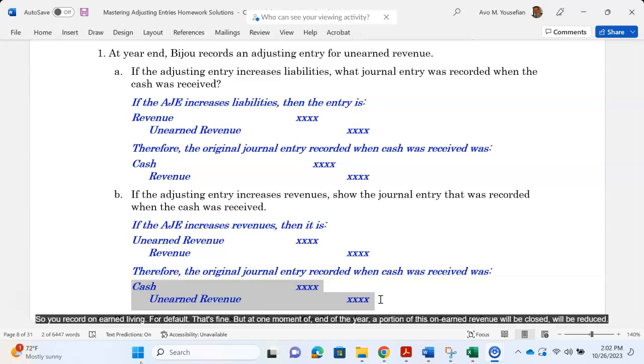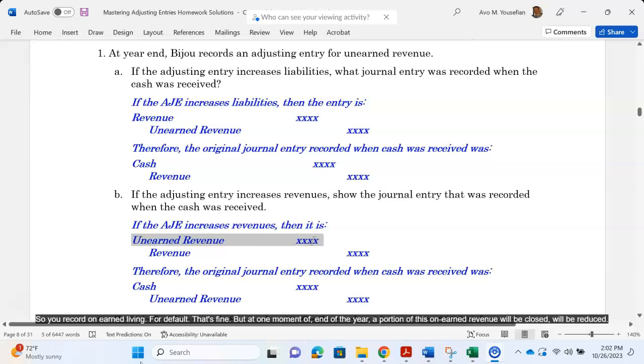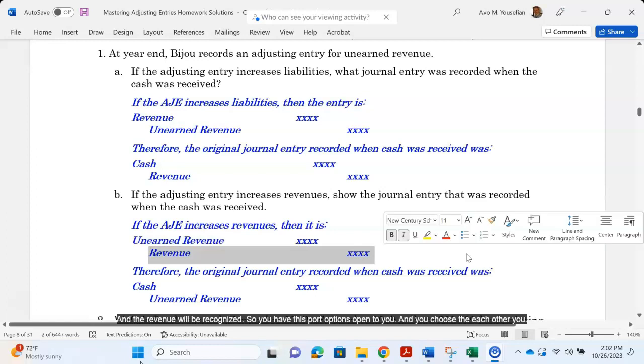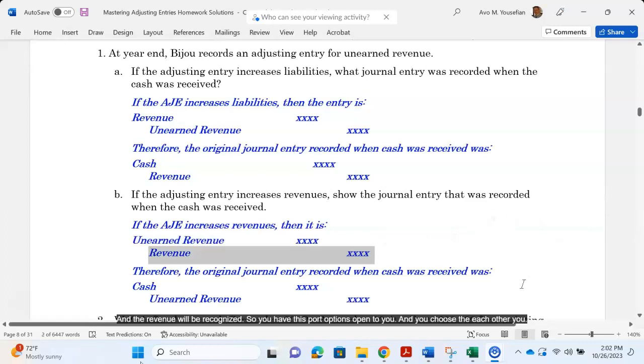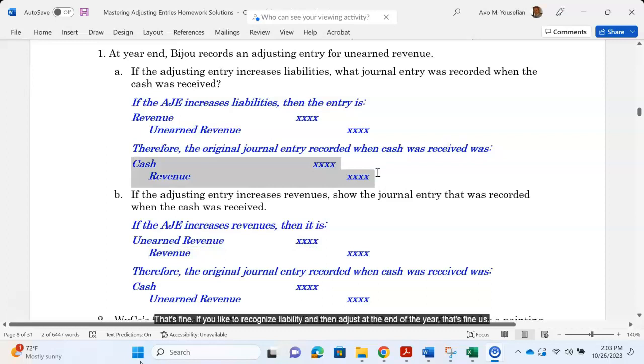That's fine. But at the end of the year, a portion of this unearned revenue will be reduced, and the revenue will be recognized. So you have both options open to you, and you choose whichever you like more. If you like to recognize everything as revenue and then adjust at the end of the year, that's fine. If you like to recognize liability and then adjust at the end of the year, that's fine also.